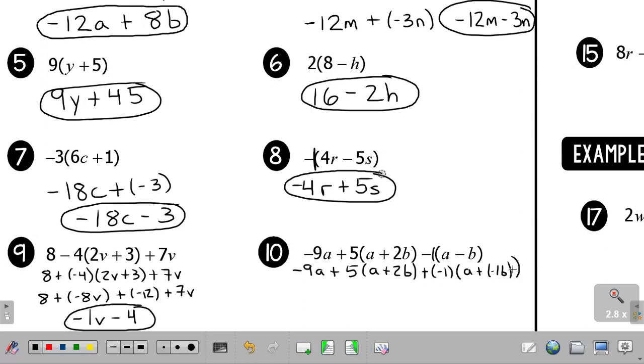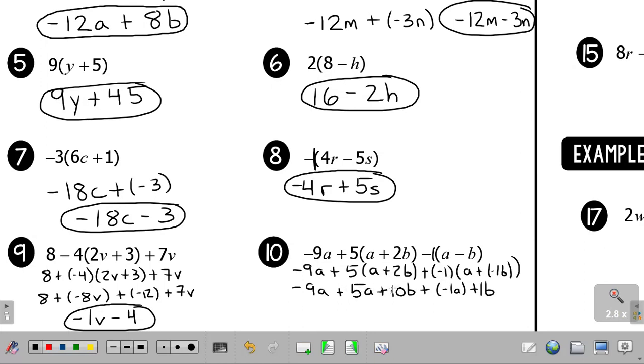Okay, but we're distributing a negative 1 here, so negative 9a plus, well, we're distributing a 5 here too, 5a plus 10b plus negative 1a plus negative 1 times negative 1, just 1b, okay?